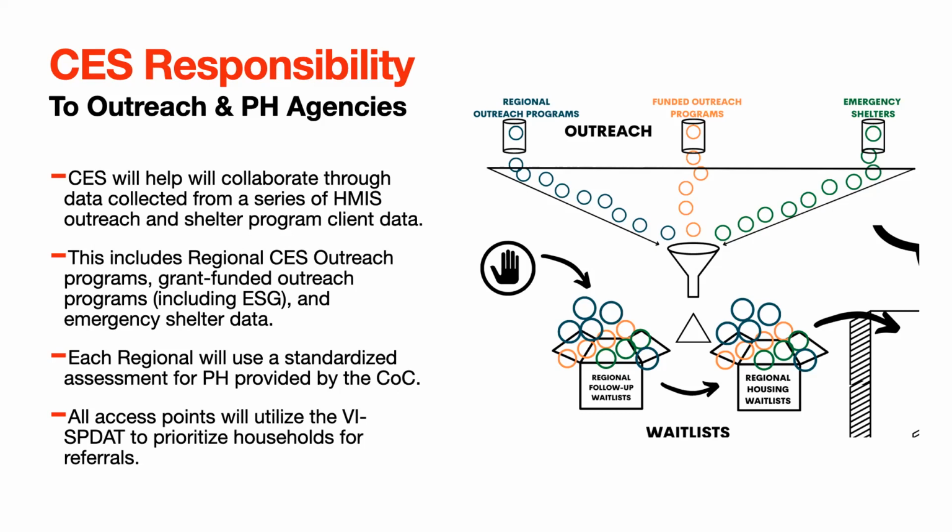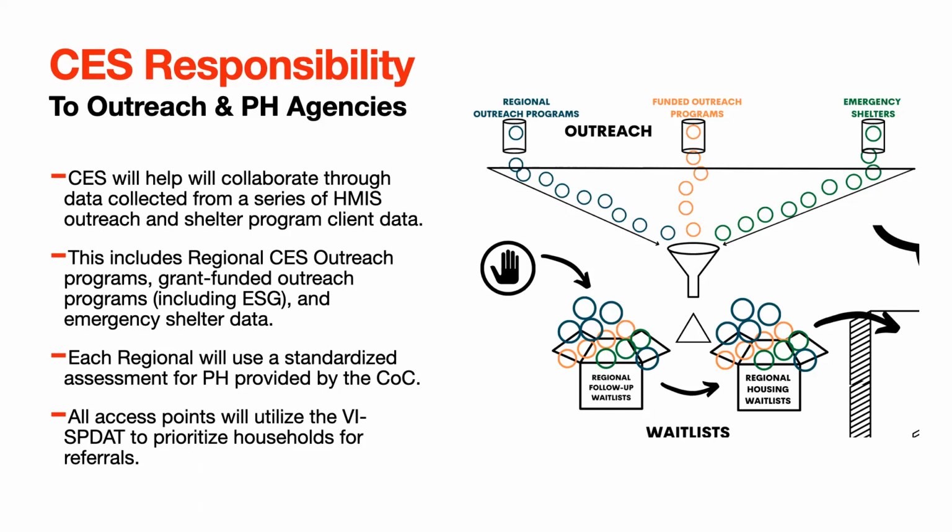I usually say them out of order, but that is what we're in the business of doing. We want to do that not only efficiently, but with equity. We want to make sure everybody has access, all the access points. We are able to utilize the VI-SPDAT to prioritize households for referrals. That you've heard. However, now we're going to talk more about the CES outreach and waitlist workflow.